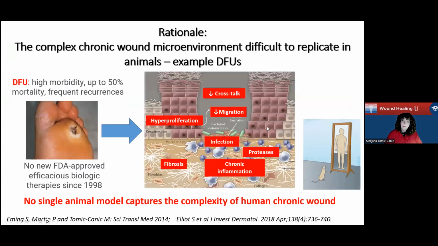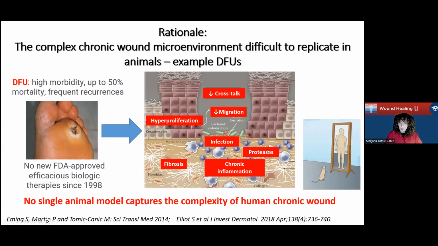But again, coming back to the complexity of a chronic wound microenvironment, which is a target for a lot of these therapies that are being tested, right? There is a lot of different dysregulated processes that we already have identified as the hallmarks of pathophysiology of a wound: decreased crosstalk, as I mentioned, lack of migration of keratinocytes, but there are hyperproliferation, inappropriate differentiation, infection, biofilm, so forth.